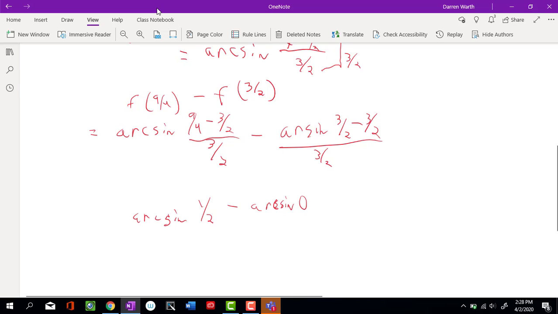The arc sine of 1/2 is pi over 6, minus the arc sine of 0, which is 0. So my answer is pi over 6. Or if you put it in your calculator, you'll get a decimal answer of 0.524.